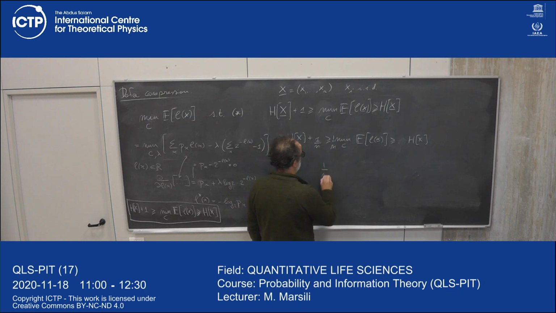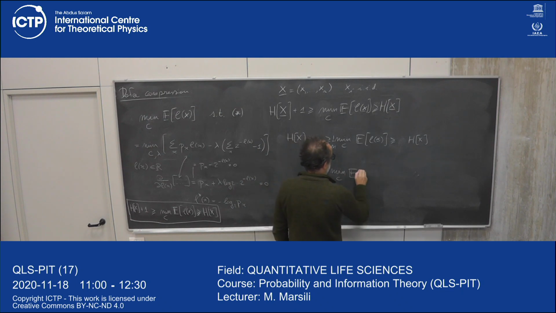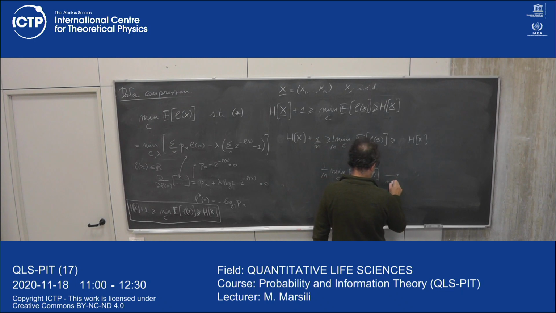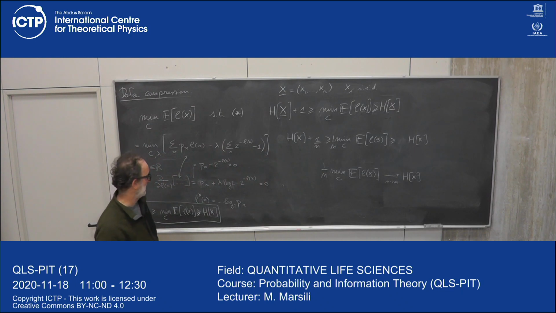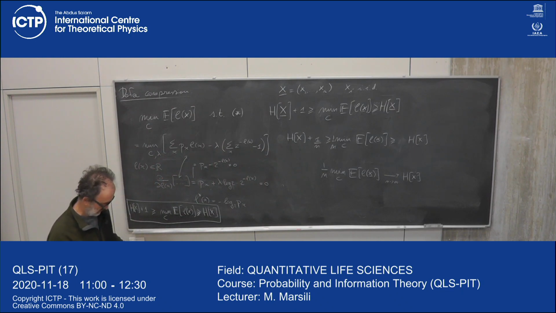So you can show that 1 over n times the minimum number of bits that I need per character for long messages, as n goes to infinity, converges to the entropy per character. Okay, and this is exactly Shannon's theorem.